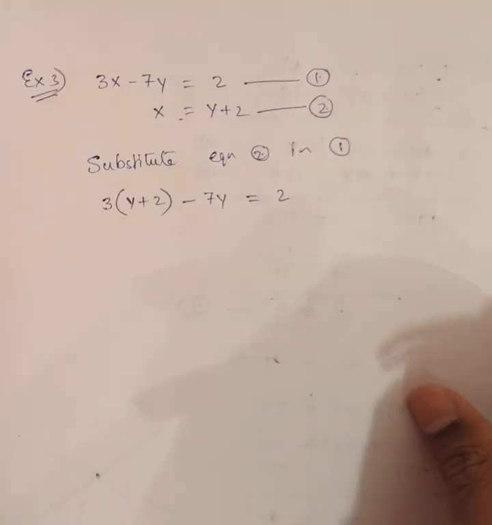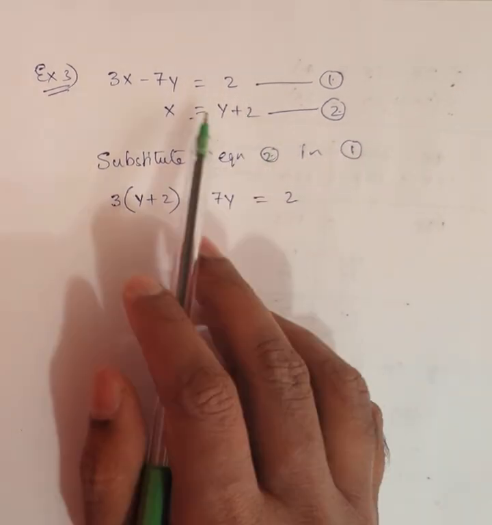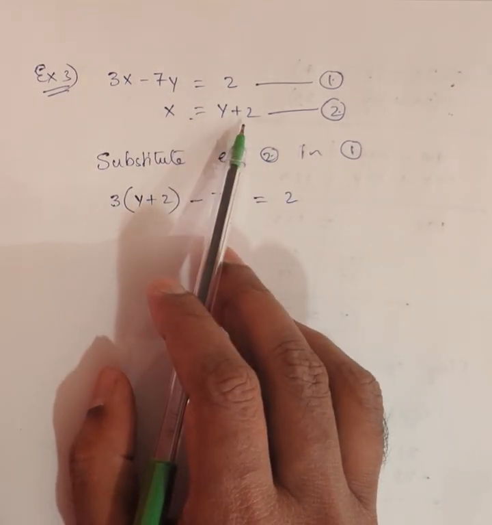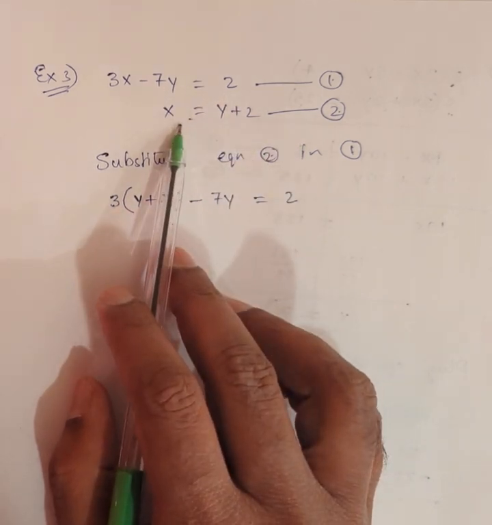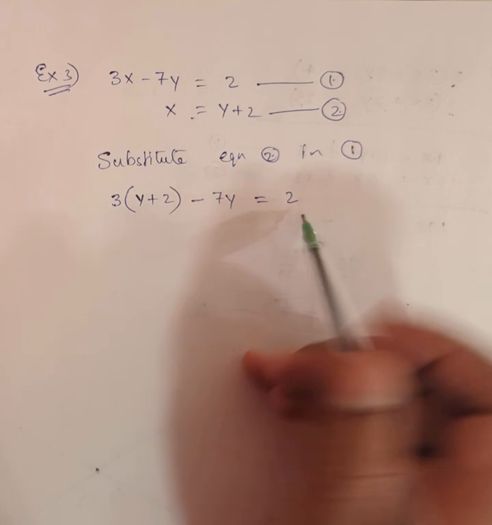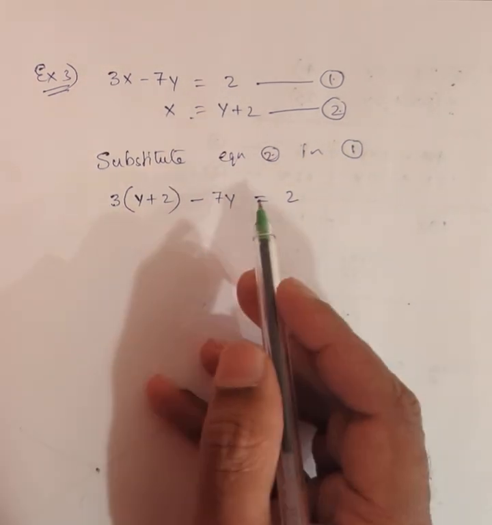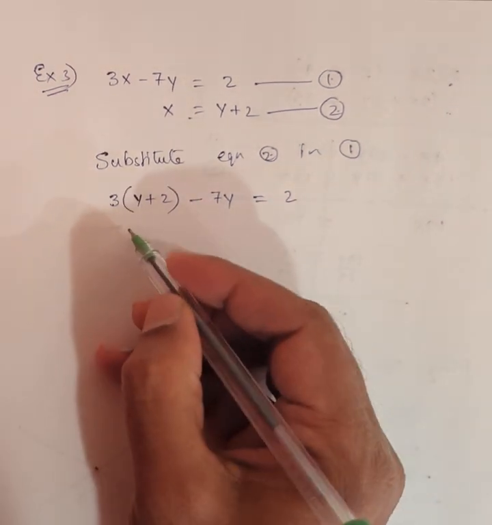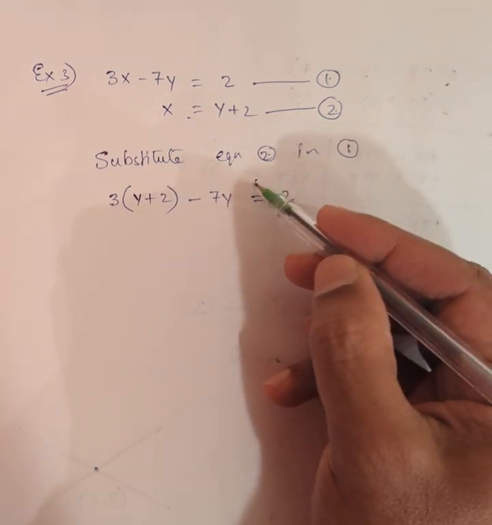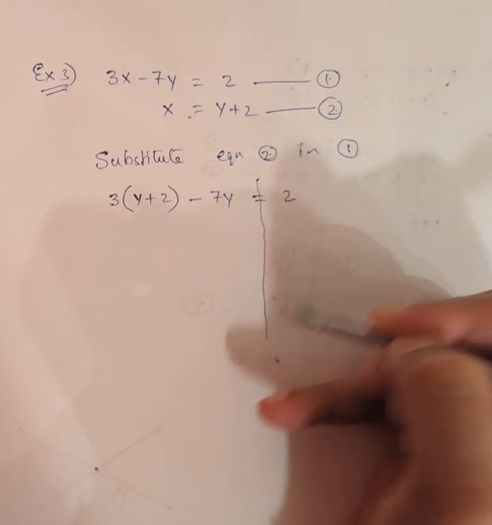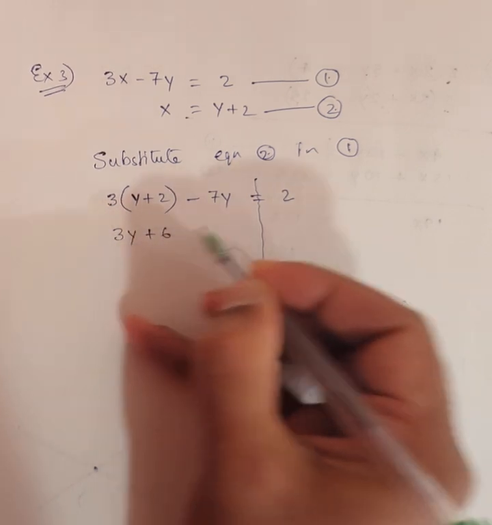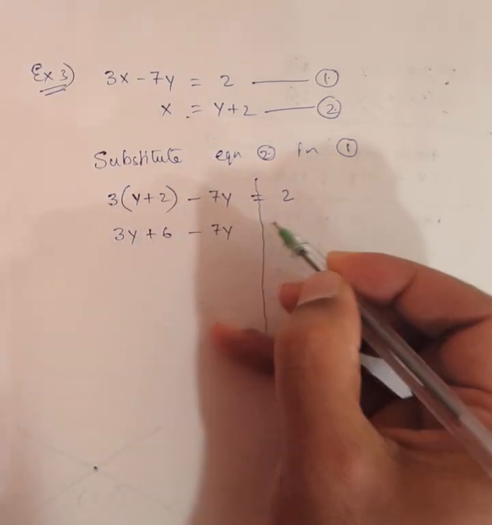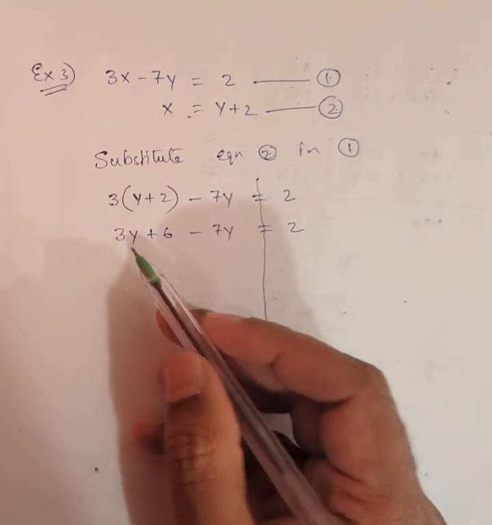So that's what happens when you substitute an equation. Generally you will get rid of that variable and you would have only one variable. So you simplify and solve. Distribute. Okay, let's go ahead and draw the line to keep things separate. This is 3y plus 6 minus 7y is equal to 2.